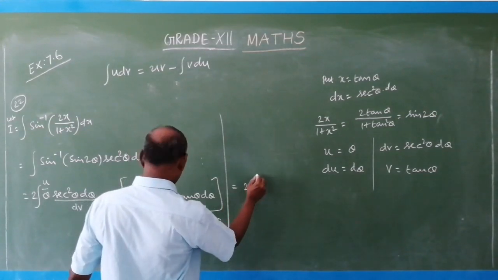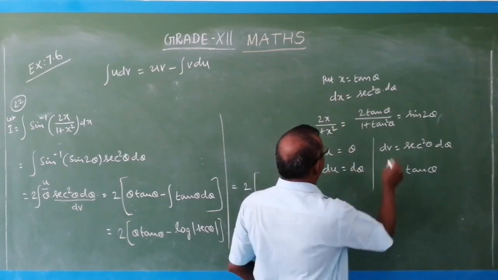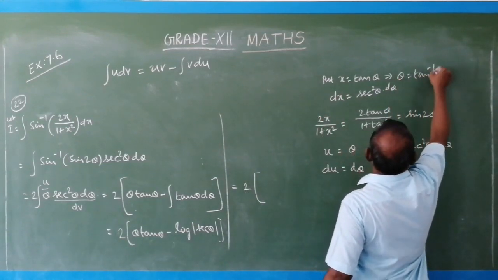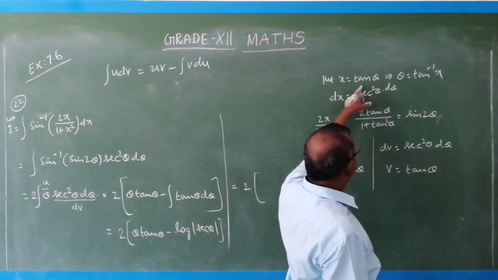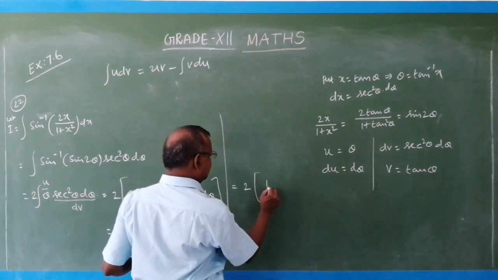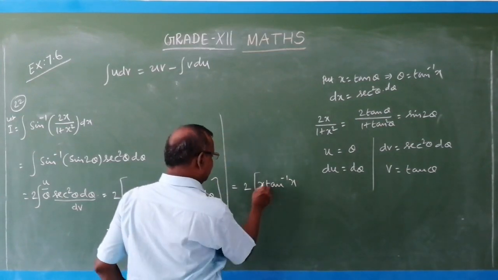So, this is equal to 2 into theta, which means tan inverse of x. If x equal to tan theta, then theta equal to tan inverse of x and tan theta equal to x.